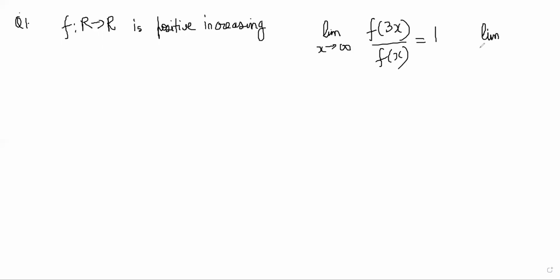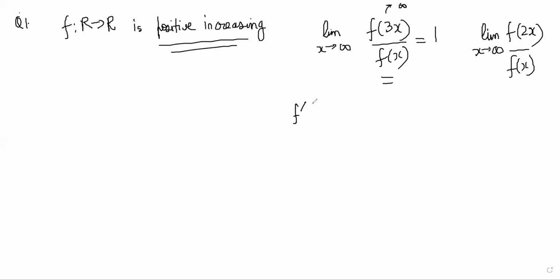You just have to do L'Hopital rule. Because if it is positive increasing, when x tends to infinity, this should tend to infinity. It is always increasing. So it will tend to infinity, this will tend to infinity. It is infinity by infinity form, right? So you get f dash 3x into 3 by f dash x. Now what it is saying is this limit is equal to 1.